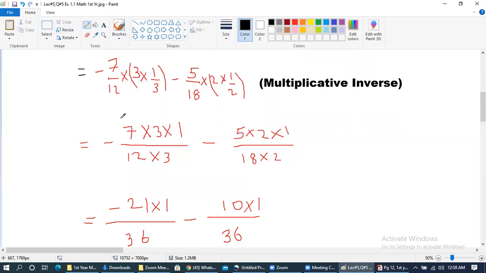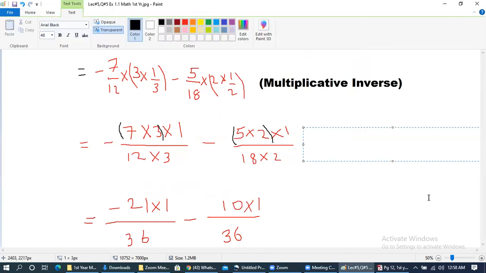And in this case, if you use these brackets, 7 cross 3 cross 1 by 3, this will be better. So 5 cross 2 is also being used here. So because 3 things are going to be multiplied with each other, you need to write associative property of multiplication.